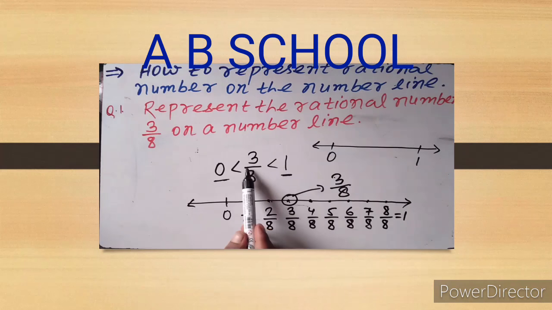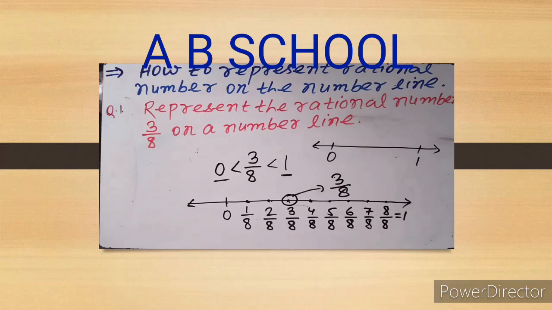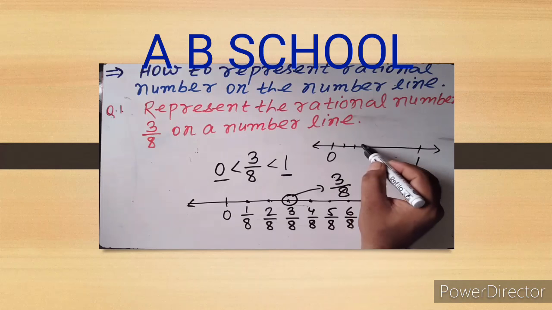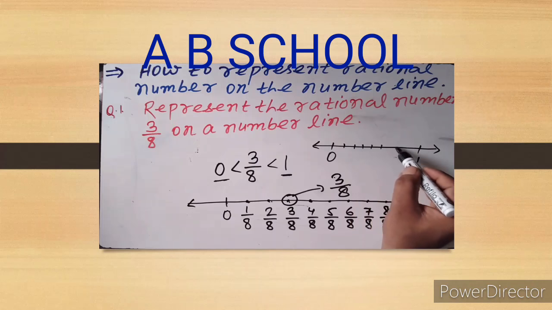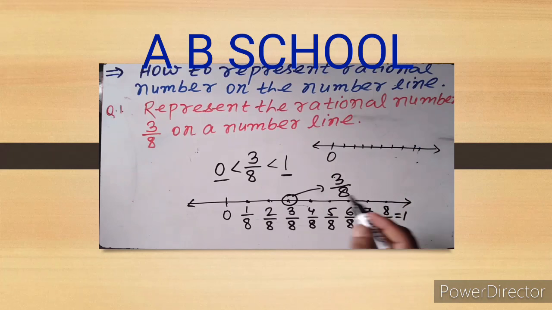What number is in the denominator? In the denominator, 8. So you can divide 0 and 1 into 8 equal parts, like 1, 2, 3, 4, 5, 6, 7, and over here this is 8, which is 1.